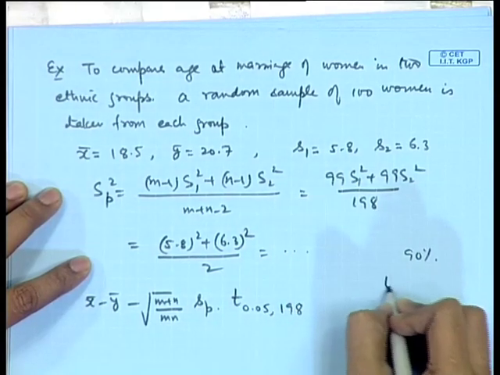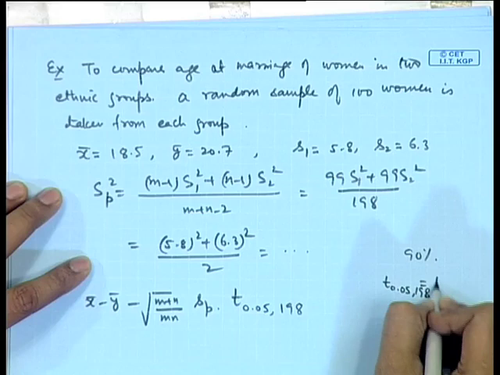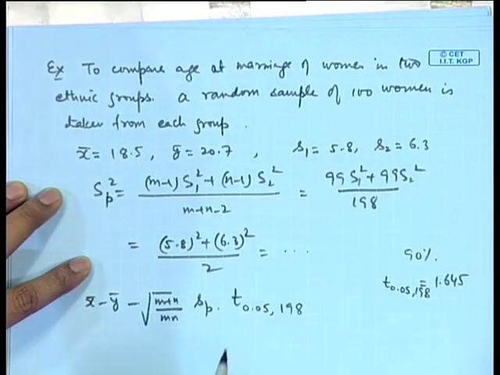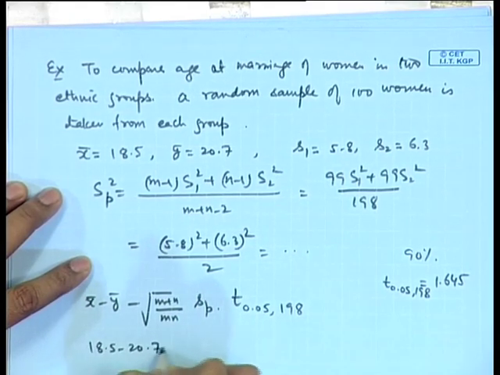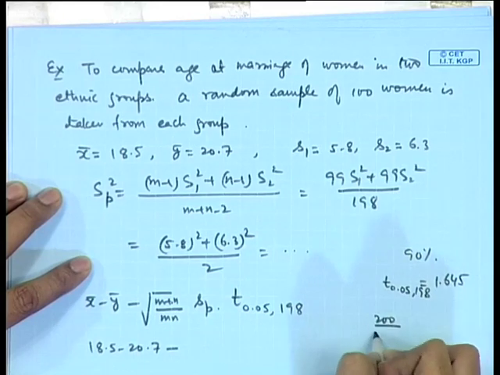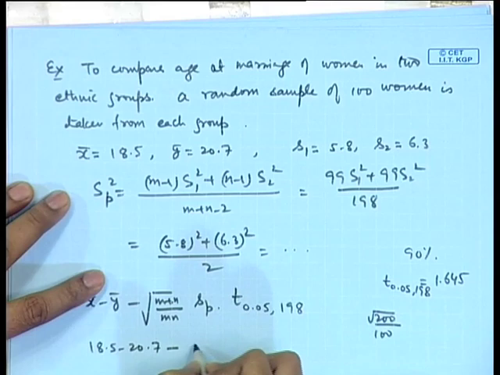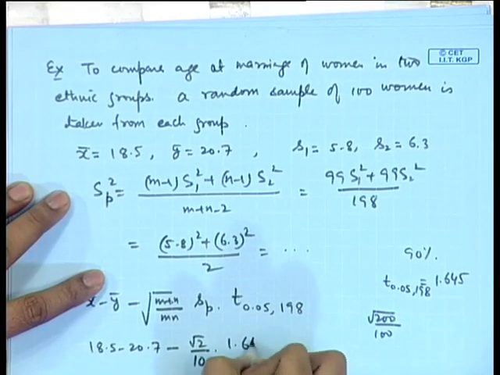So, this value we can see t 0.05, 198, which is almost as the normal distribution 1.645. So, we substitute these values here 18.5 minus 20.7 minus this is 100 plus 100, that is 200 by 100. So, that is root 2 by 10 into 1.645.